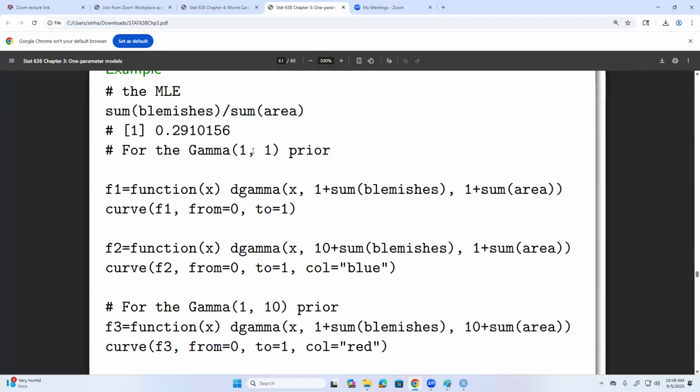If I use a gamma(1, 1) prior distribution, then the posterior distribution will have shape parameter 1 plus sum of yi and rate parameter 1 plus sum of area. And what I did, I created this function f1, which is the dgamma density function, and then plotted it.